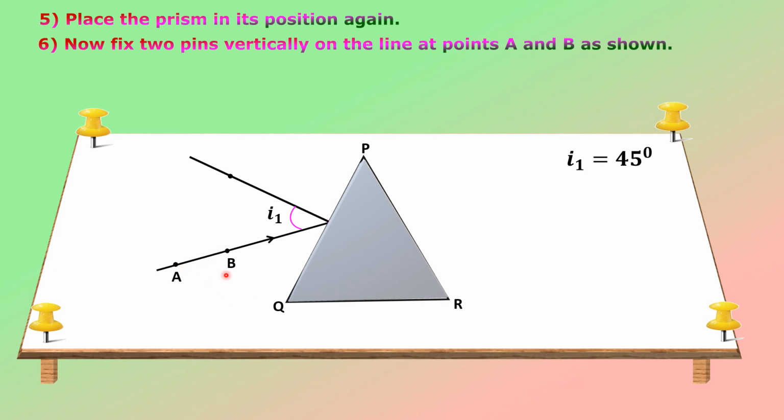These are the two points at which I am going to fix two pins, pin 1 and pin 2. These two pins are fixed at the points A and B.